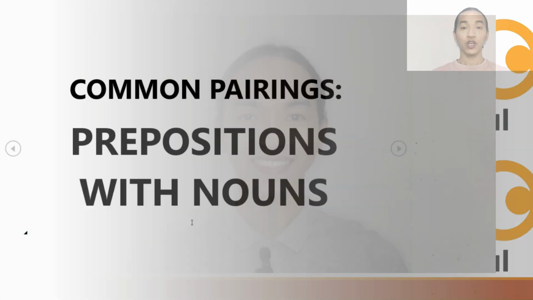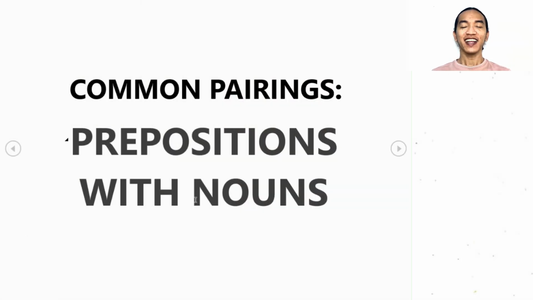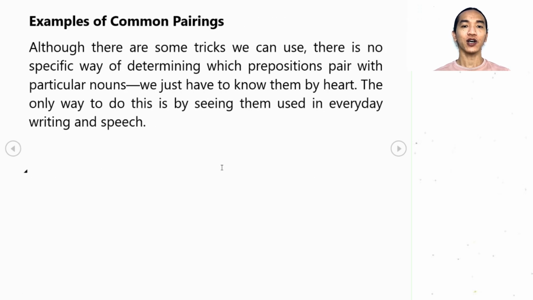Let's go. So, for this lesson, let's talk about some of the common pairings of prepositions with nouns. As we know, there are some common phrases that we put together when we use a preposition with nouns, okay? Although there are some tricks we can use, there is no specific way of determining which preposition pairs with particular nouns.